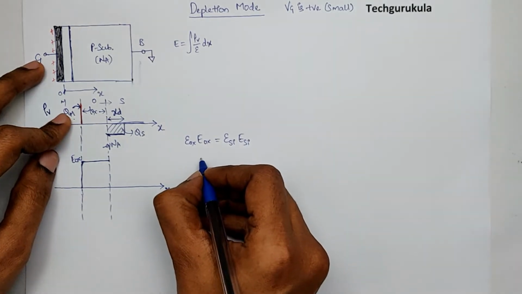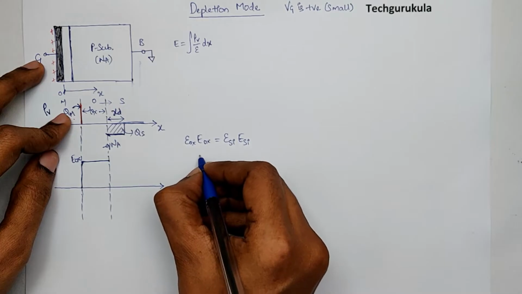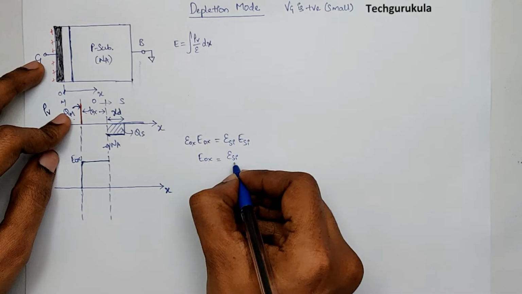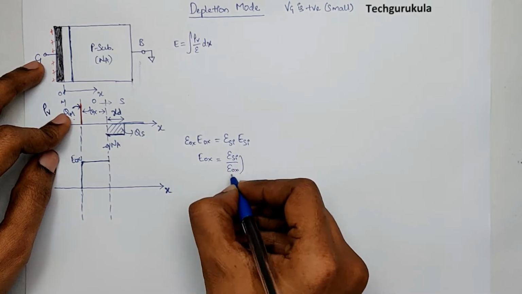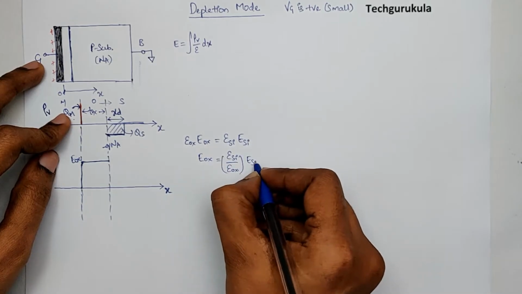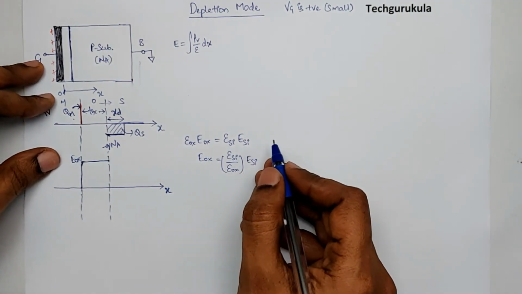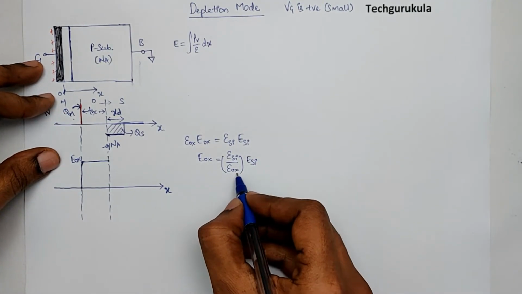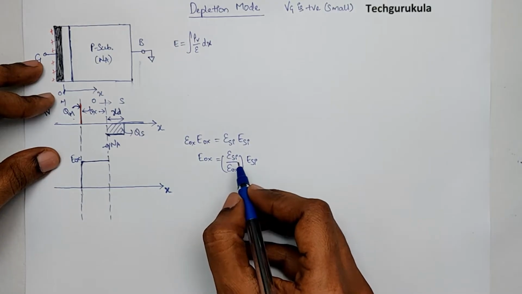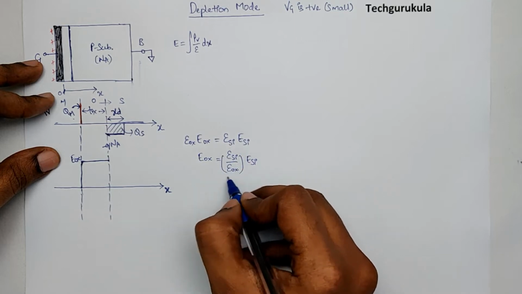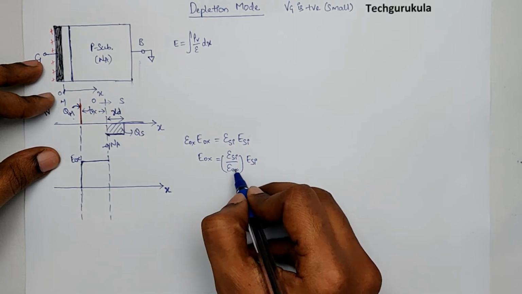Hence the electric field in the oxide will be equal to epsilon Si over epsilon ox times E Si. And in general, epsilon Si is approximately 11.7 to 11.8 and epsilon ox is 3.9 or so. So in general this ratio would be approximately 3.